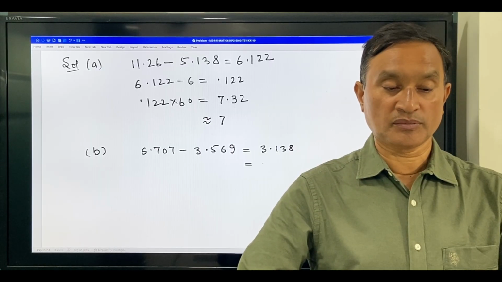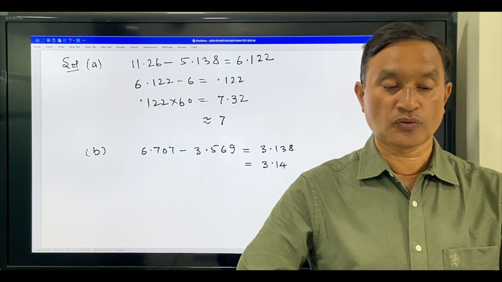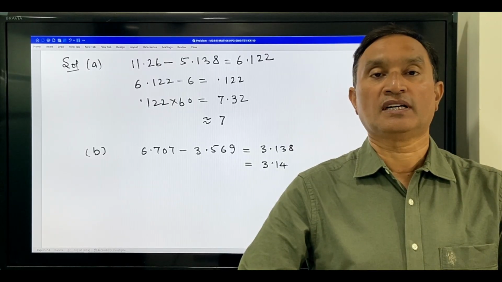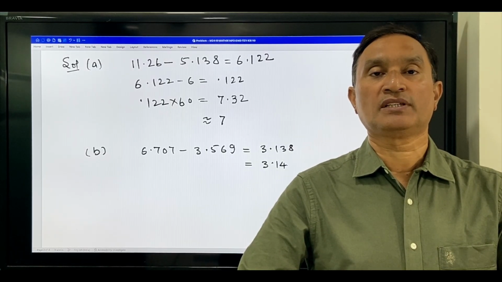So to 3 significant figures it would be 3.14. So this is the answer of B part. Now we will proceed to C part.